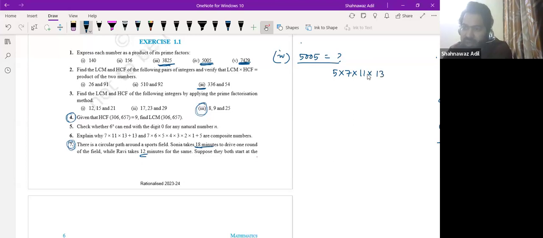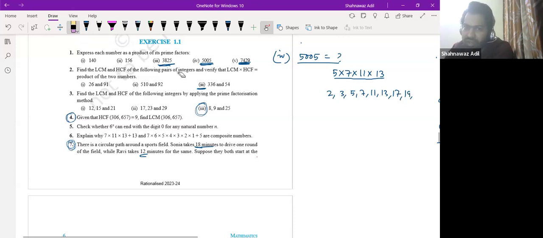And always remember, don't look at the 8 table, don't look at the 9 table, because we have to find only the prime factorization, right? So the prime factors are only 2 and 3 and 5 and 7 and 11, 13, 17, and then 19 and so on. 21 is also not there.